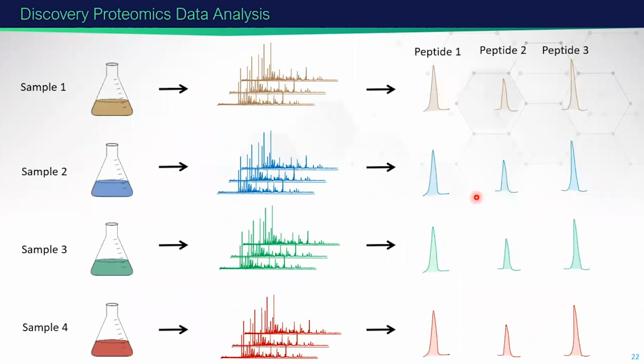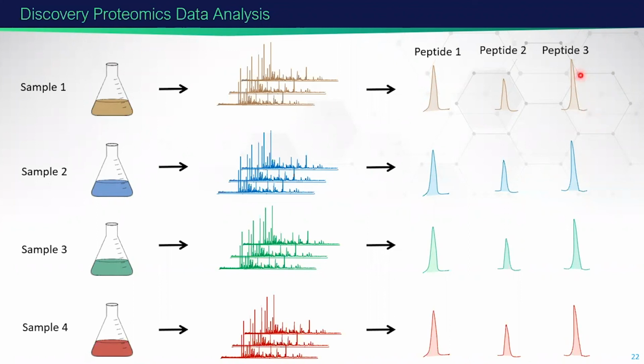In real discovery proteomics data, you will have multiple samples, and you run each sample through the mass spec, and you get peptide intensity. Then you can compare the peptide intensity between samples. However, it's not possible to compare intensity between peptides, even in the same sample, because different peptides have different ionization efficiency.